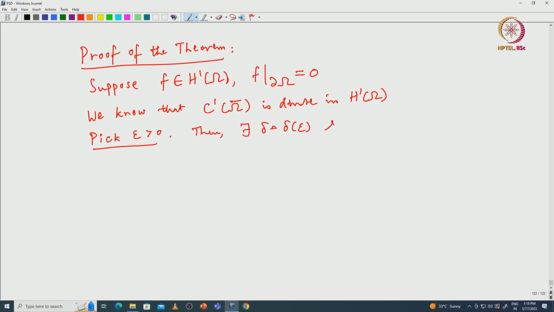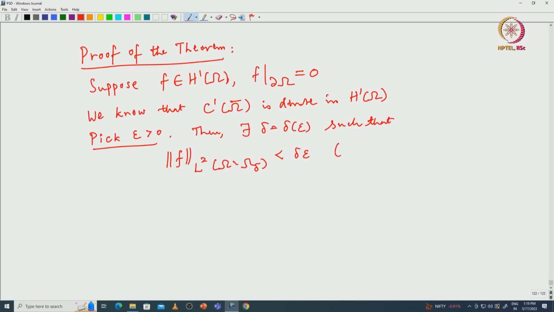such that the norm of f in this L2 omega minus omega delta is less than delta epsilon. Okay.